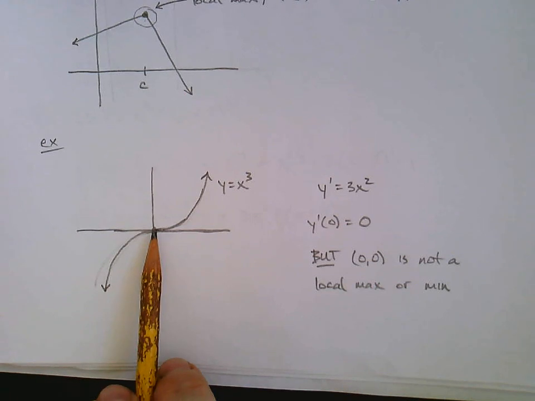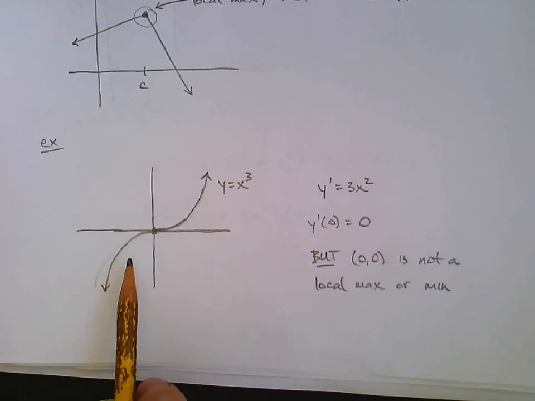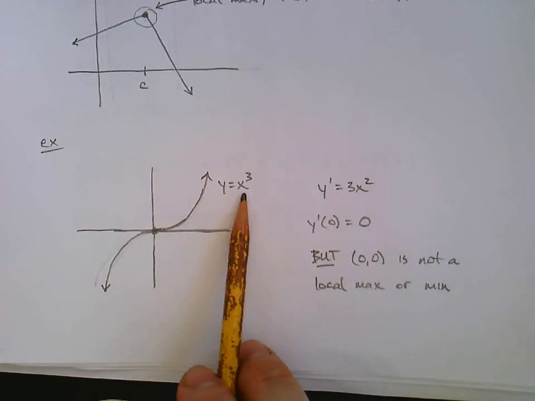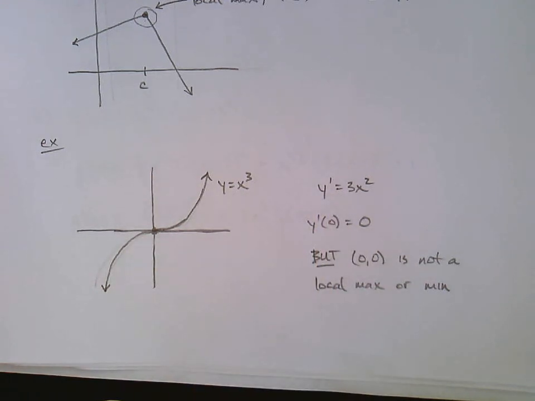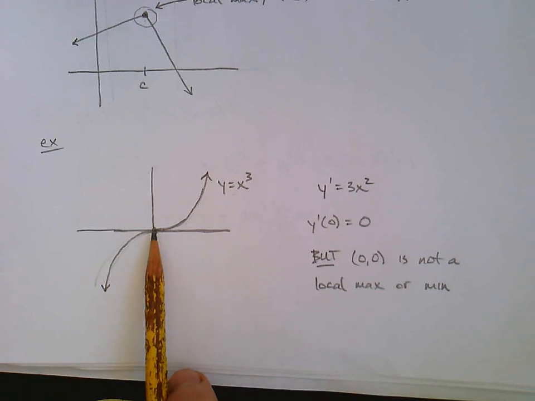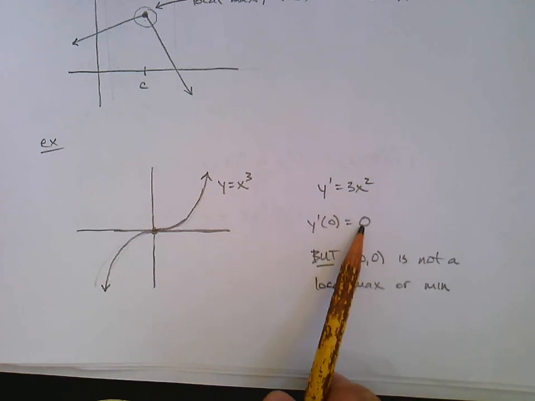So you think, what's going on with the derivative at the origin? Let's see. For y equals x to the third, y prime equals 3x squared. So what is the derivative doing at x equals 0? At x equals 0, you plug that into your derivative, you get 0, right?